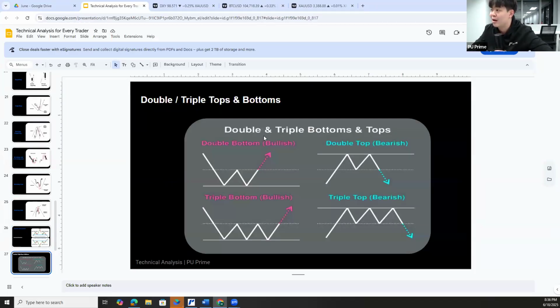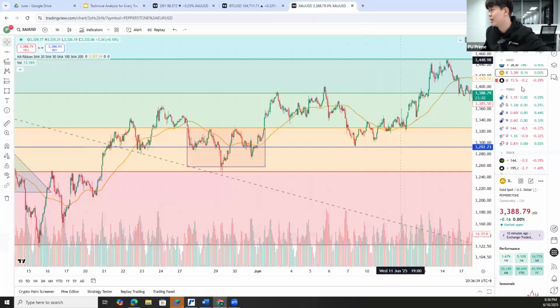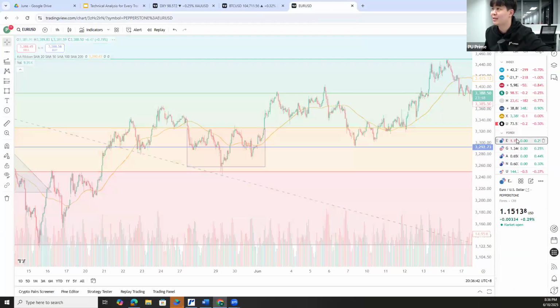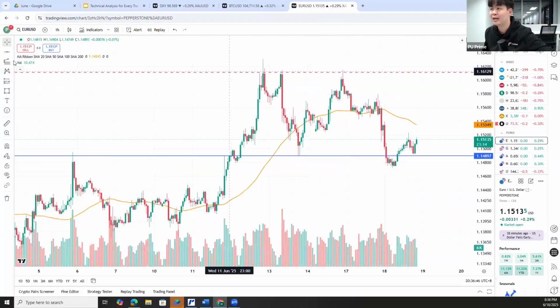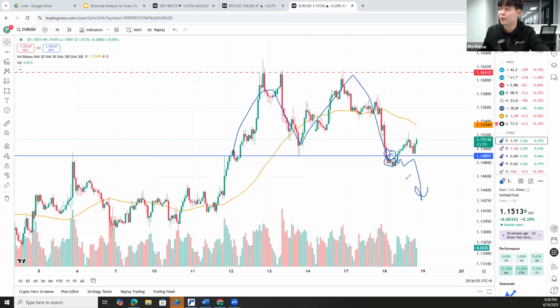And then we also have the double top. Double top is also simple. The best situation I've found in the chart is the EUR/USD. If you look at the recent trend, the EUR/USD is actually forming a double top. If EUR/USD breaks below this double top support level, then the chances for it to drop should be higher.